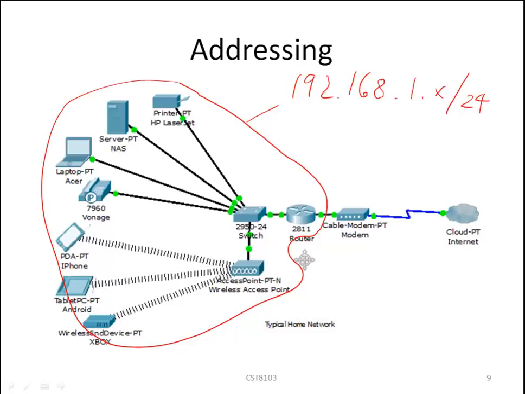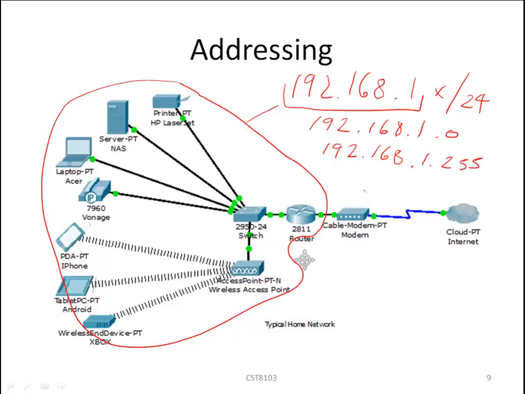The /24 means that your network ID at home is 192.168.1. Your last octet is 0 for the network ID. Your broadcast address for your home network is 255.